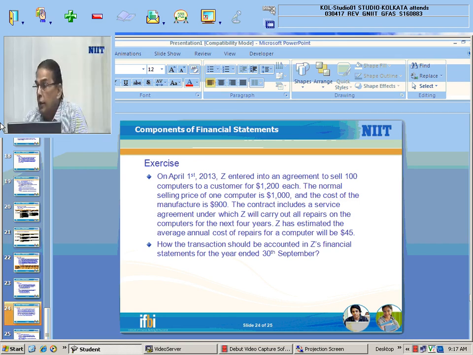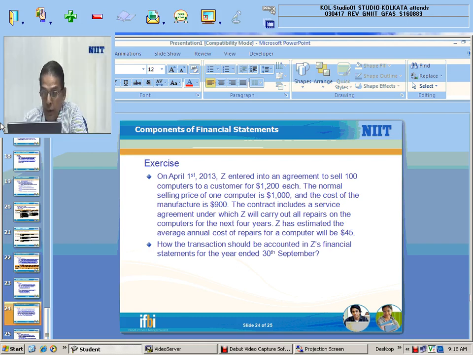It is for the service to be provided over 4 years, so it will be treated as deferred revenue. The deferred revenue account will be credited with $200, and the sale of computers account will be credited with $1,000.